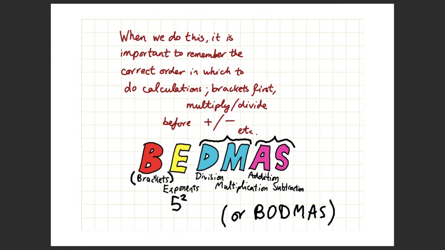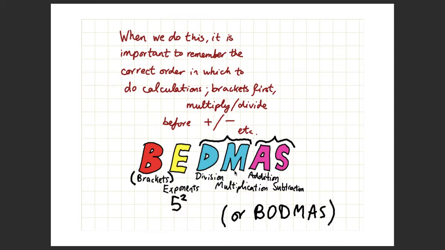Okay, so I've color-coded this because some of these pair together. They're equally important as one another. So the thing you should do first is brackets or parentheses, then exponents or powers, like 5 to the power of 2. Then division and multiplication, they're a pair that come together. So it's not that division is more important than multiplication or that multiplication is more important than division.